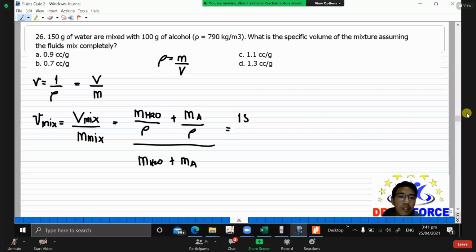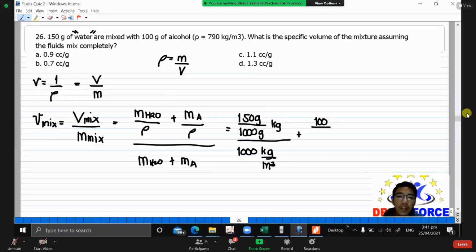Okay, ano yung mass ng water natin? 150 grams. Ito i-convert natin into kilograms kasi yung density natin dito naka-kilograms. So in 1 kilogram, we have 1,000 grams. Ayan, naka-kilograms na yan. Divided by its density ng water, we have 1,000. Okay, hindi niya binanggit kung anong type ng water, so let's assume na yung ordinary water per cubic meter.